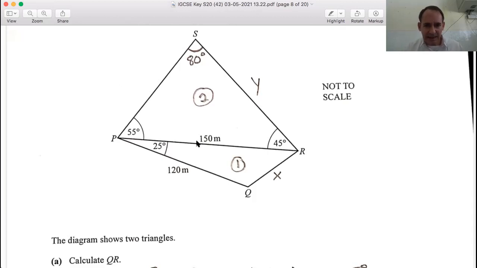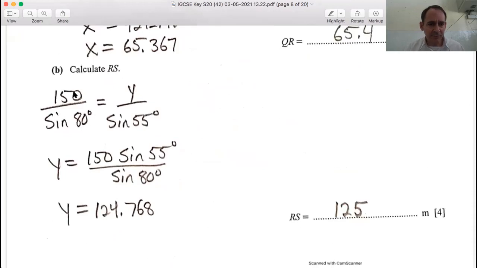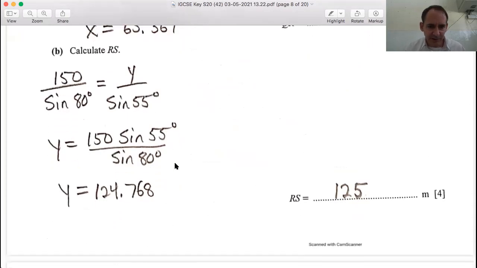We now have a side and its corresponding angle, so we can use the law of sines. So we're going to use the 150 with the 80 and the y with the 55. So that gives us 150 over sine 80 equals y over sine 55. Multiply the sine 55 to the other side. Do all this on your calculator and it gives you 125 to three significant figures.